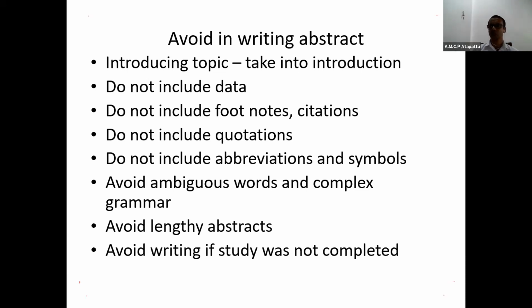Avoid ambiguous words, because if readers are unable to understand what a term is, that is a problem. When you use complex grammar, it is difficult to understand. Then what happens? Your paper may be picked up by a researcher or a scholar, but at the beginning of reading that abstract, that person is not going to read the rest of the work.